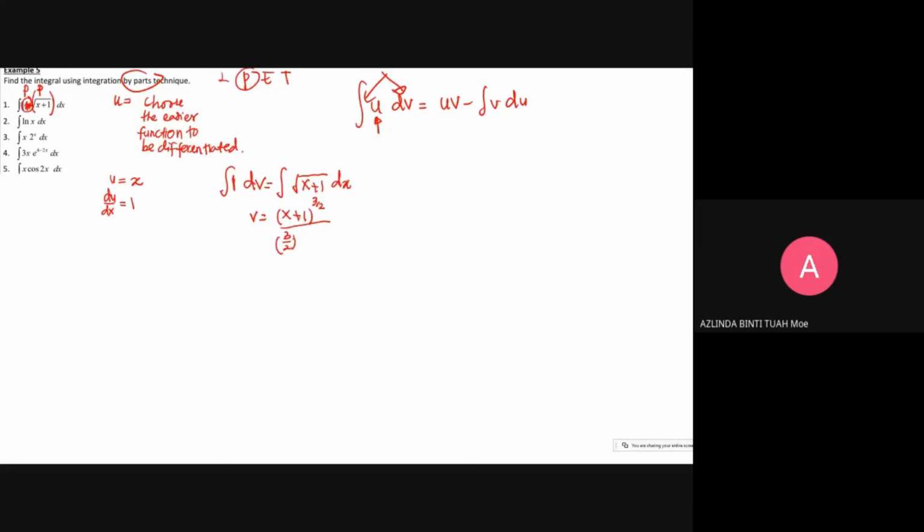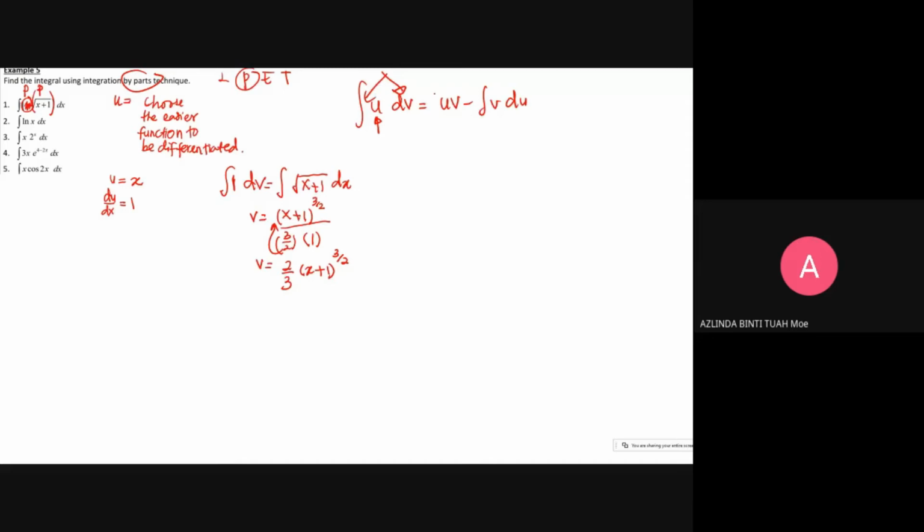Don't forget to differentiate inside the bracket, which is 1 for this case. So simplify the v, I get 2 over 3 bracket x plus 1 power of 3 over 2.